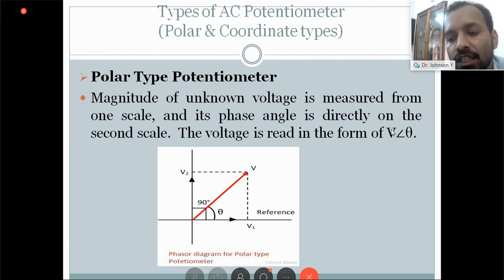Here V is the magnitude, and the angle from V to the reference is angle theta. So that is the phase angle. V angle theta is its representation.